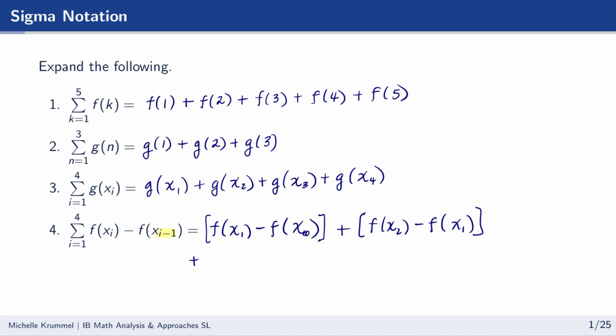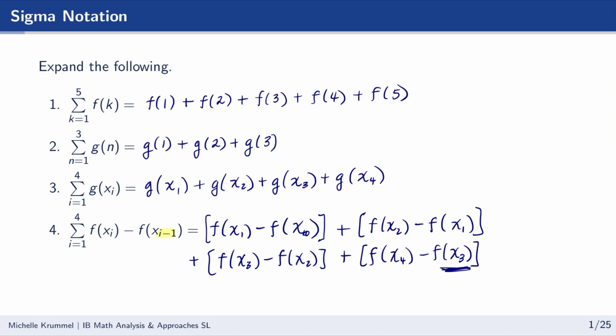Okay, plus, then we let i equal 3, so f of x sub 3 minus f of x sub 2. Okay, I see the pattern now, so I can go a little more quickly. f of x sub 4 minus f of x sub 3. So we're just here subtracting f of x sub i minus 1, the term one less than whatever this one was. Now we can simplify this a bit more.